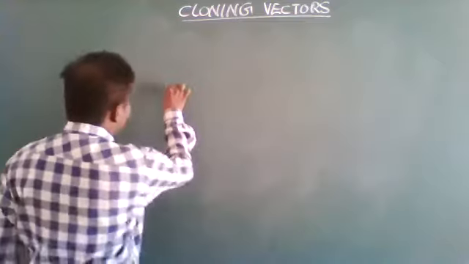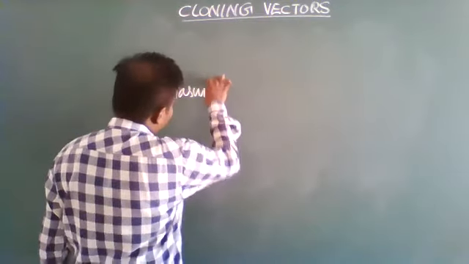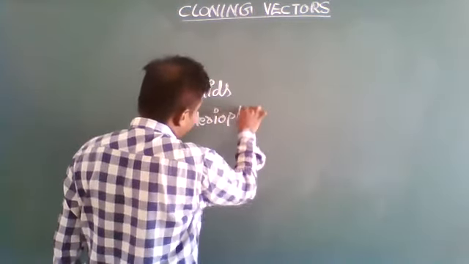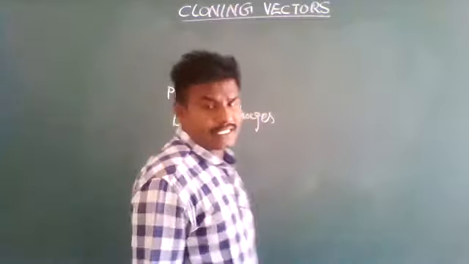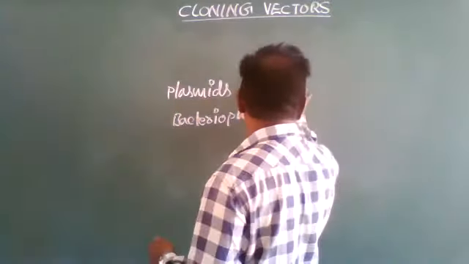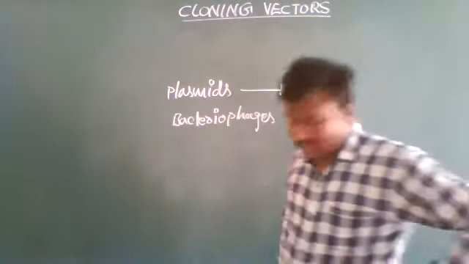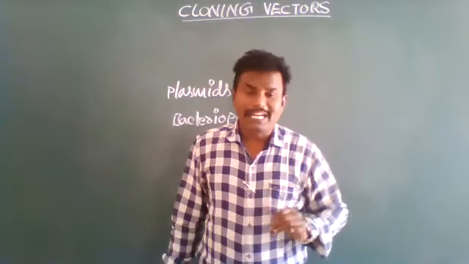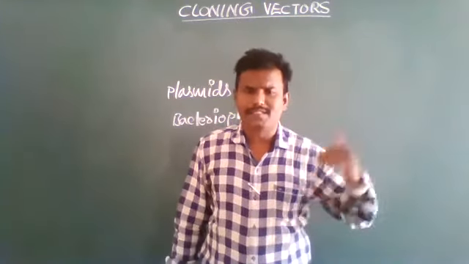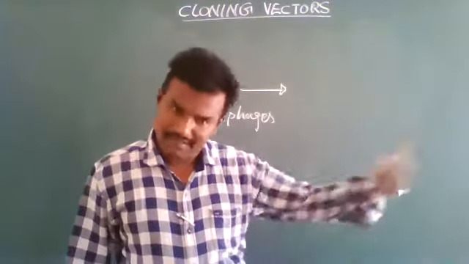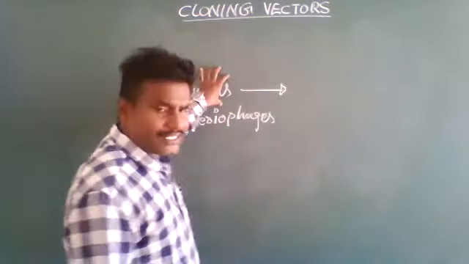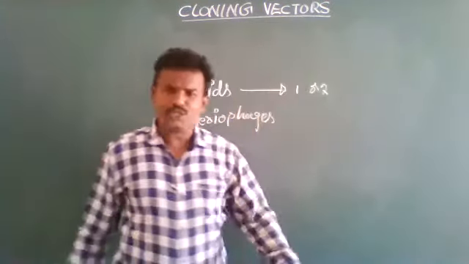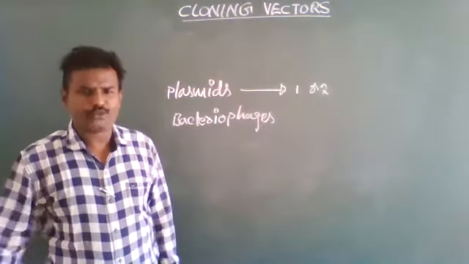Some plasmids contain one or two gene copies, one or two genomes in their body.